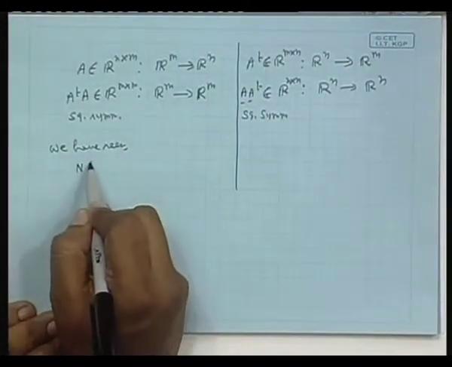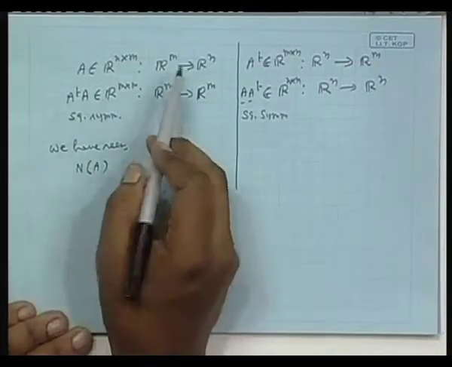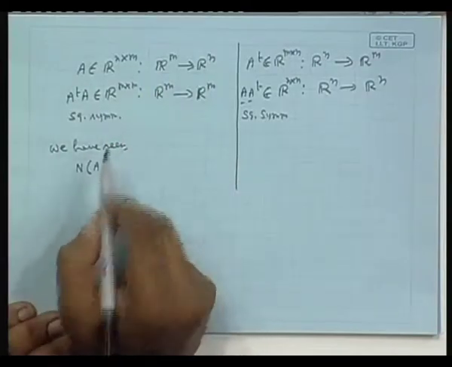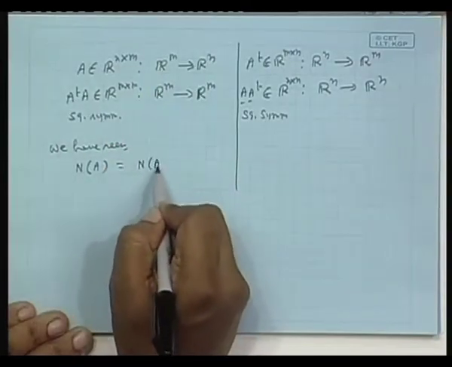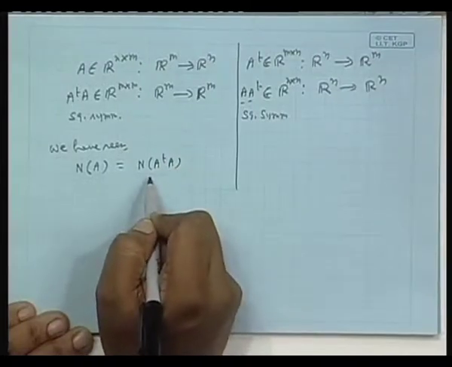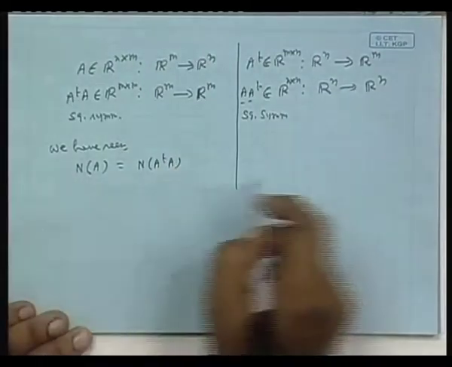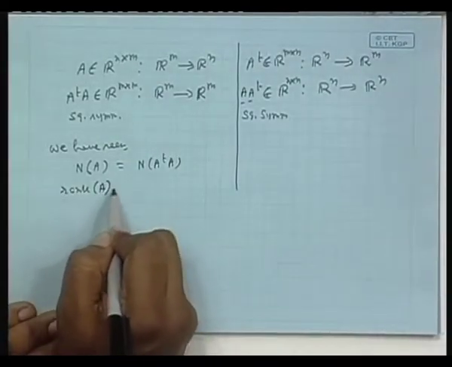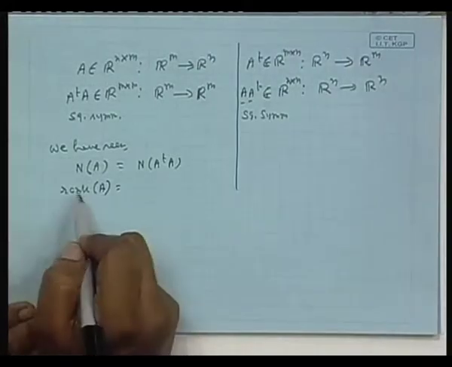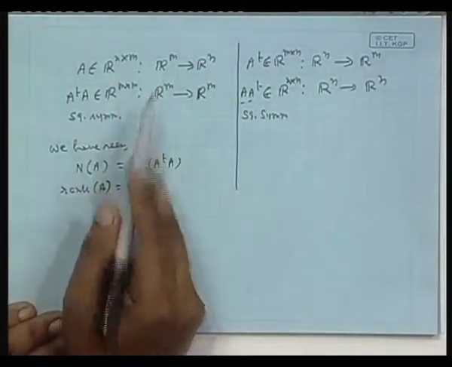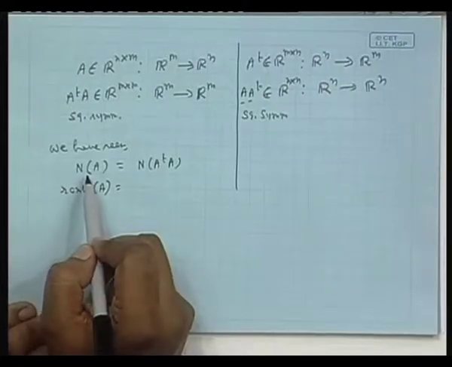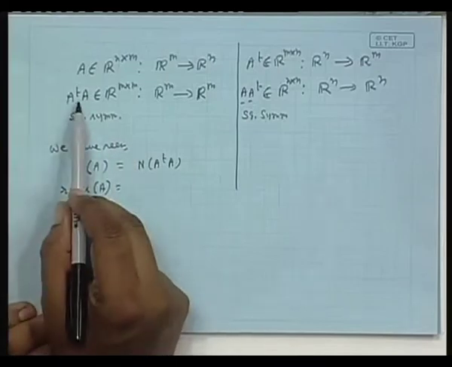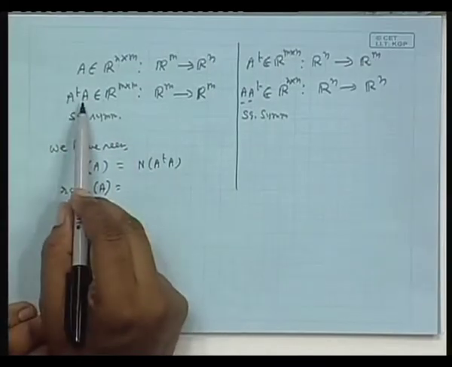We have also seen that the null space of A, that is the subspace of R m on which if A works, it gives you 0 of R n, is the same as the null space of A transpose A. We have proved it in the previous class, and therefore, rank of A plus nullity of A is m, that is, rank of A is m minus nullity of A. And rank of A transpose A plus nullity of A transpose A is equal to m.